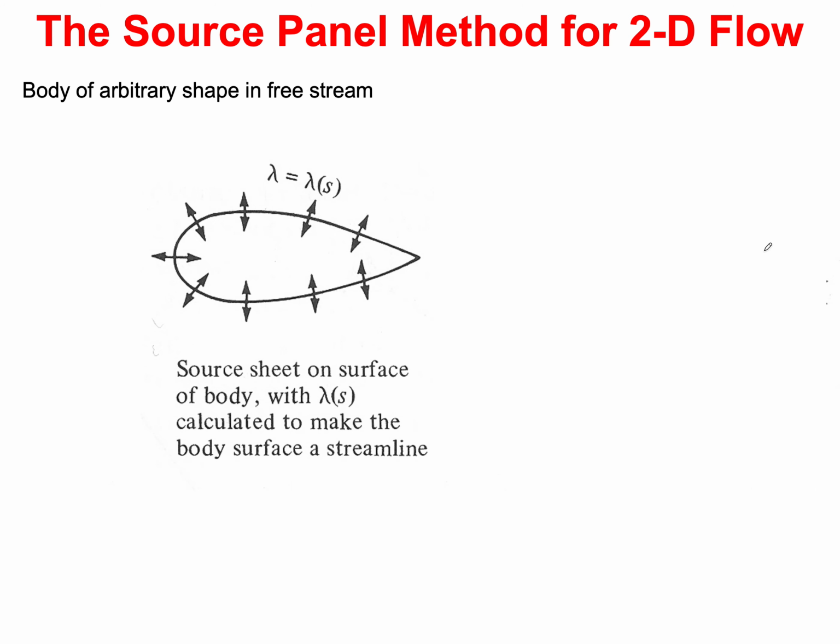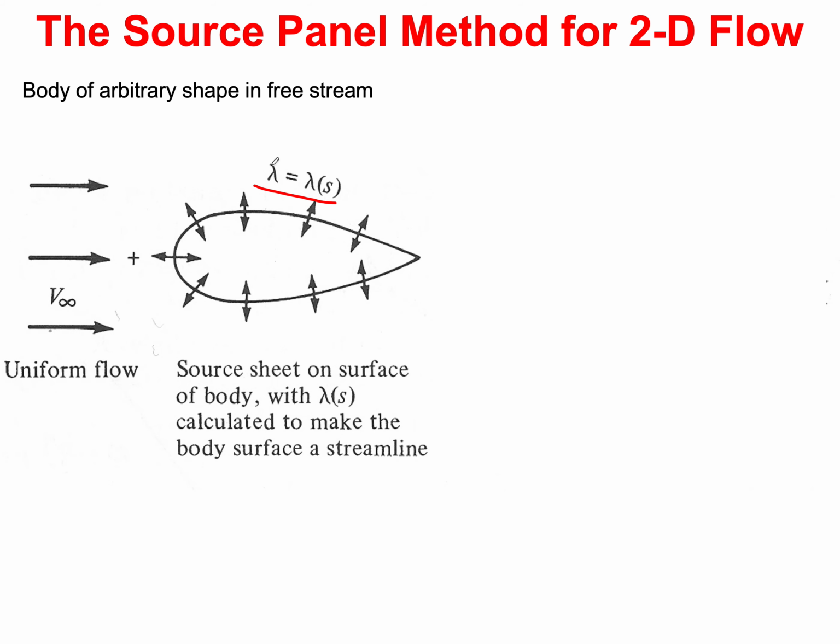So if I want to study an aerodynamic body, let's say I have a new design for an aerodynamic body, I'm going to distribute a sheet of sources and sinks, a distribution of sources and sinks all over the surface, and put that in a free stream.